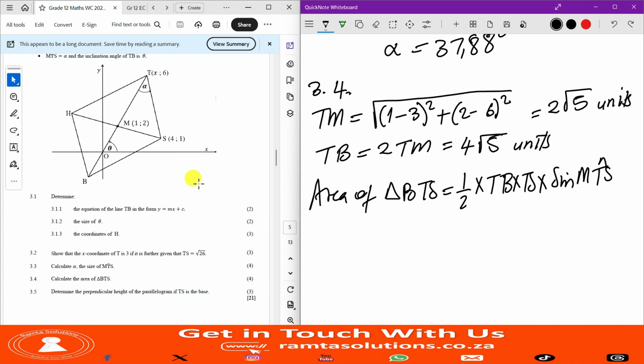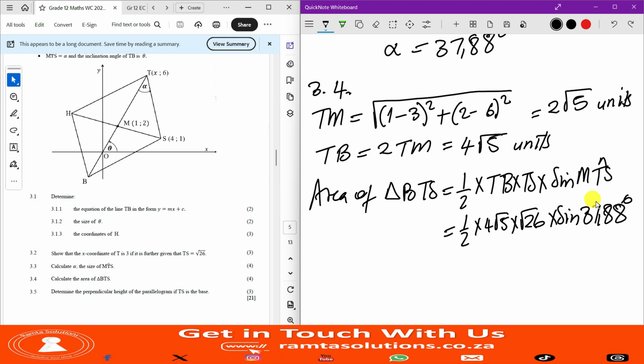So what is TB? It's 4 root 5. What is TS? They said it's square root of 26. And then what was our angle MTS? It was angle alpha, 37.88 degrees, isn't it?